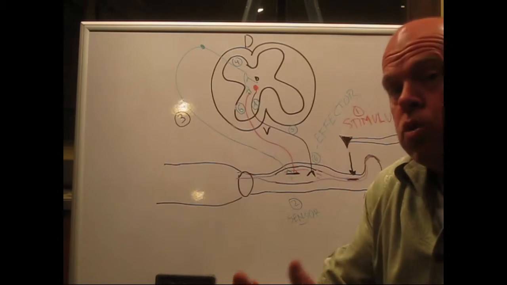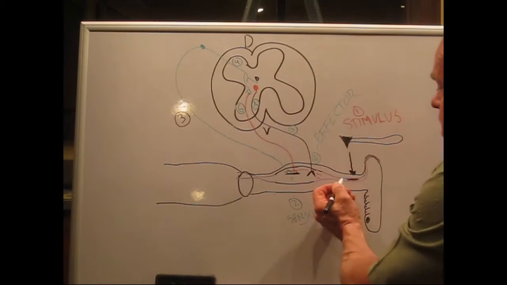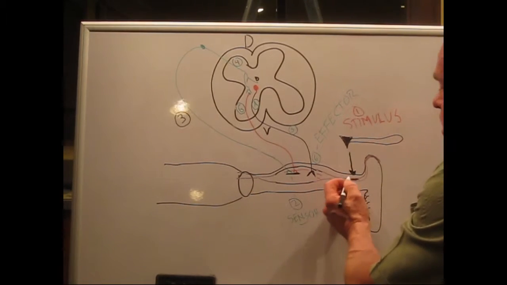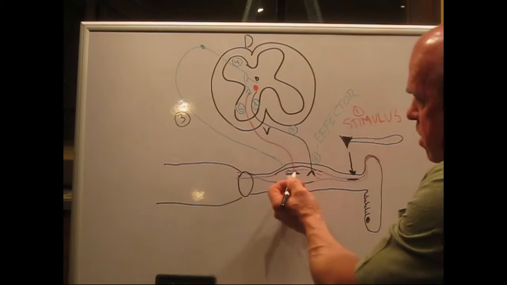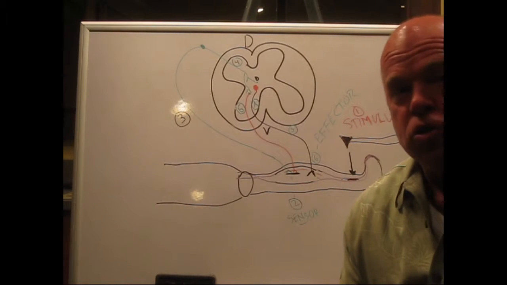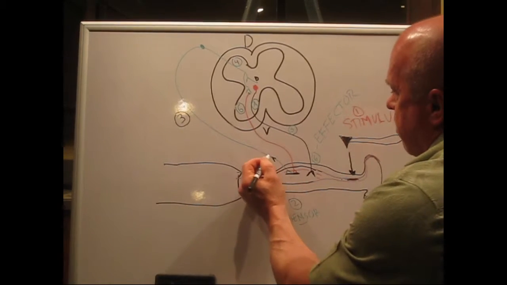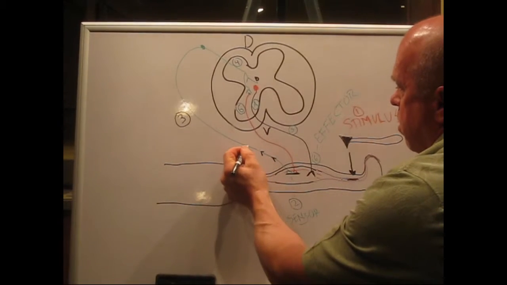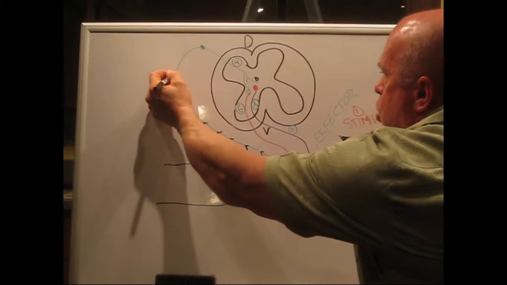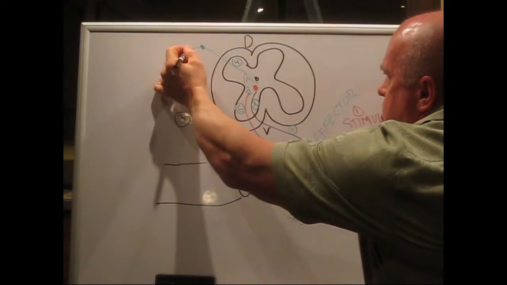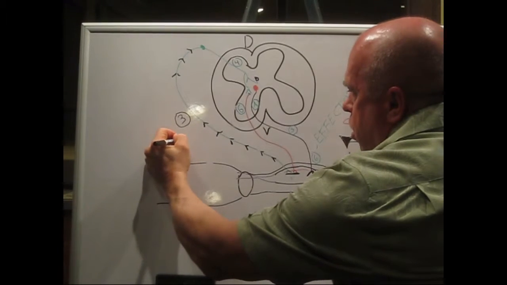All of those are confluent and continuous with the Achilles tendon. So as the Achilles tendon is stretched, it stretches the perimysium, which tugs on the muscle spindle and creates an afferent volley of impulses that ascend towards the spinal cord. Now this sensory neuron here travels in the tibial nerve.